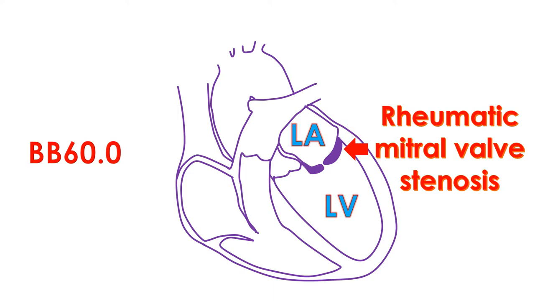BB62 is for mitral valve prolapse, bending backwards of the mitral valve. If it is rheumatic mitral valve prolapse, it is subcoded as BB62.0, while BB62.1 stands for degenerative mitral valve prolapse. Coding for other valves are also there in detail.